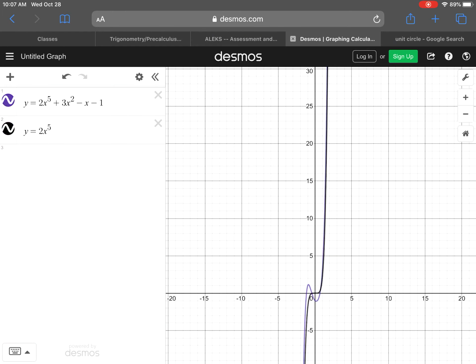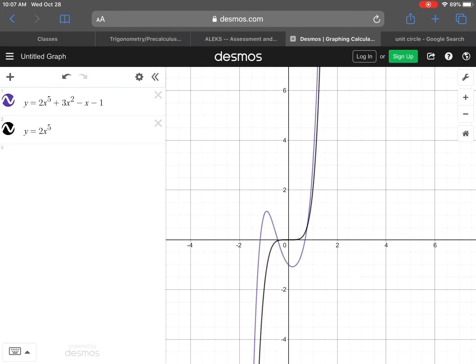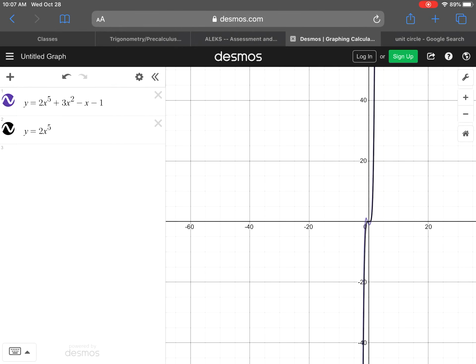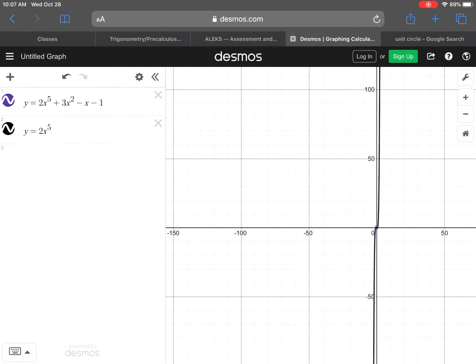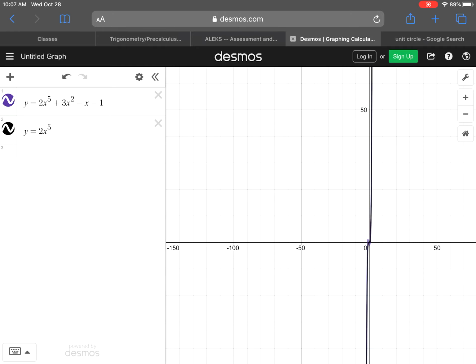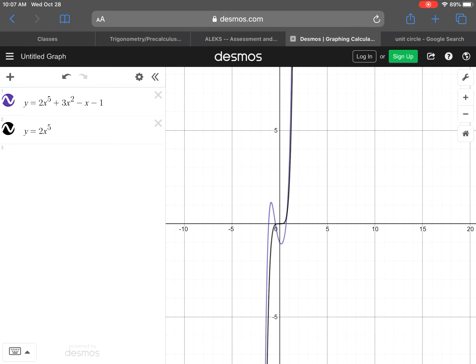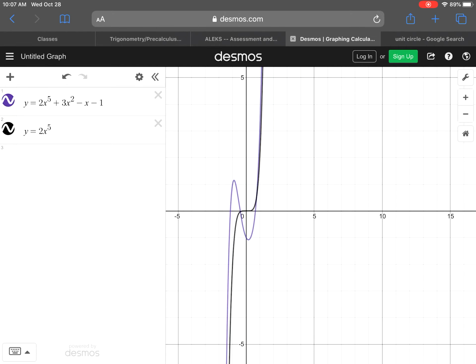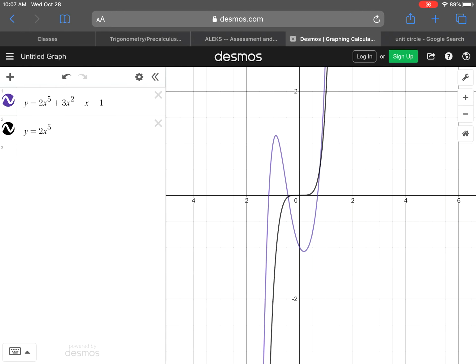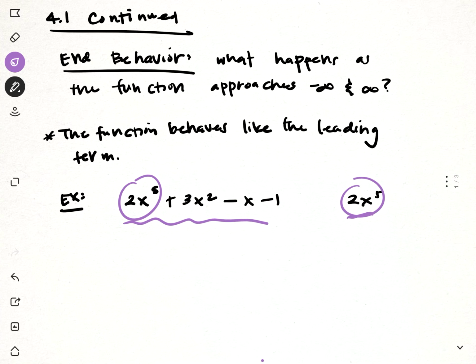Close to the center, they're not very close together, but as we zoom further and further out, they become pretty much the same graph as we head to the left and to the right. So that's a cool note about polynomials: the end behavior looks like the leading term.